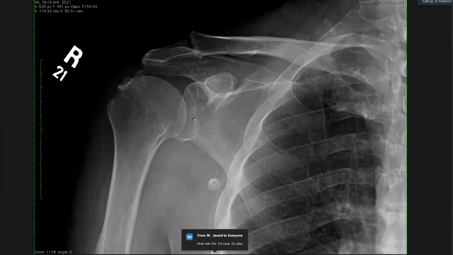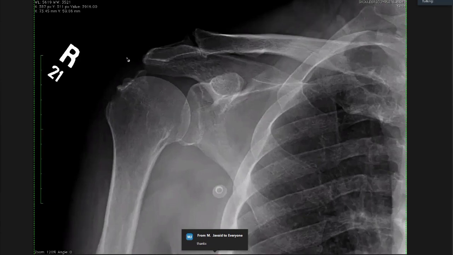So there is irregularity at the lateral aspect of the head of the humerus with contour deformity, and I'm suspecting a bony outgrowth whose cortex appears continuous with the cortex of the bone. Let me magnify it for you.